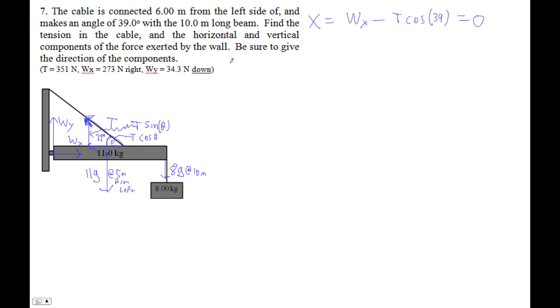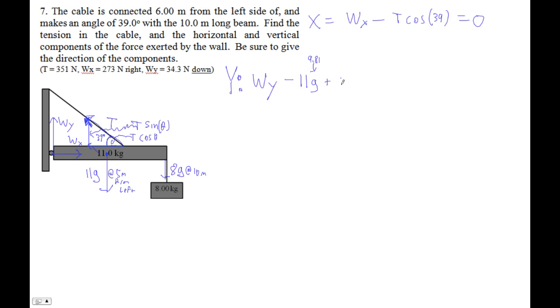And then we're going to set up a Y expression. Okay, in the Y direction, we've got the wall in the Y direction. We've got the force of gravity down, 11 times 9.81, right? That's what I mean by that. And then we've got the tension upward, and it's only T sine theta that's upward, right?